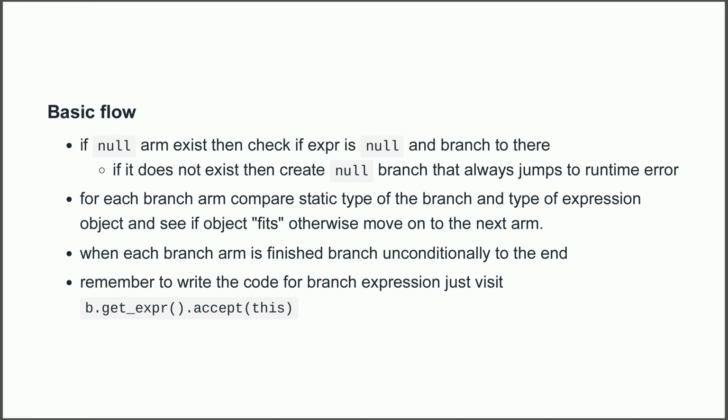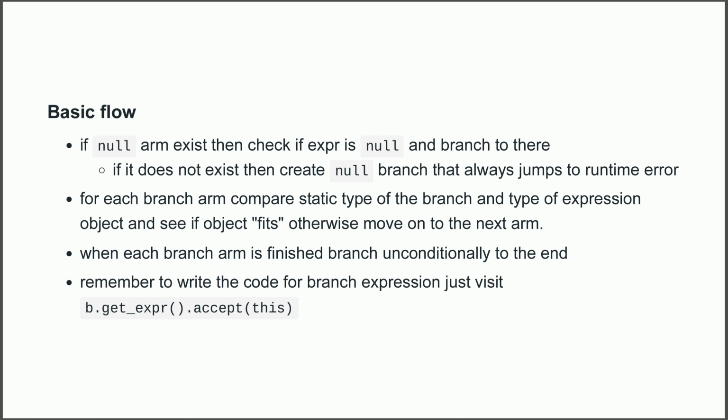So the basic control flow is you need to first do the code for the null branch arm, if it's there. First you need to go through all the branches and find the one whose type is null. If there is one, find that. If there is none, still write the code for that, with a label, and then check if the value is null or not.